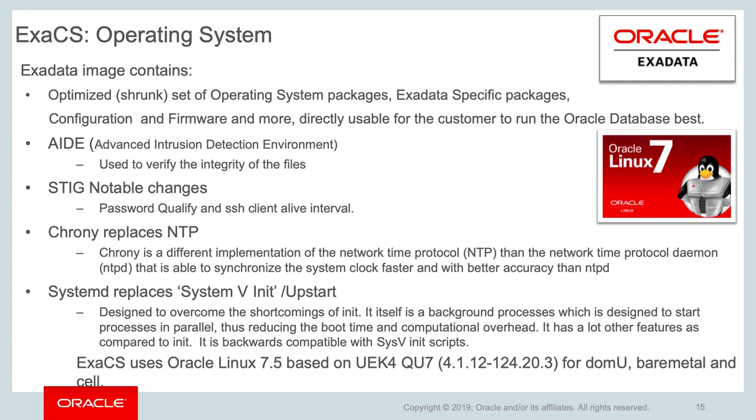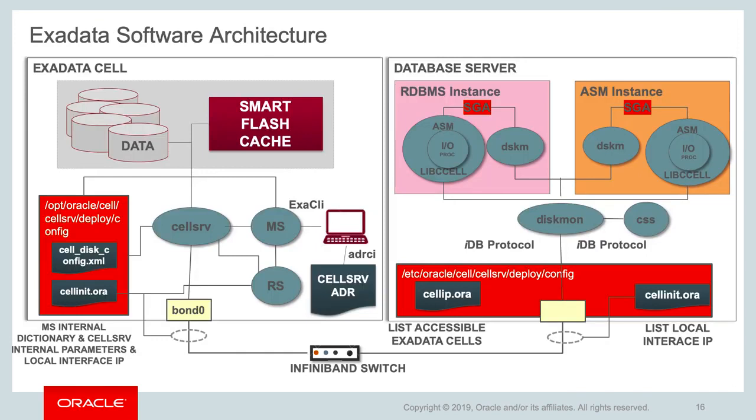Systems that use SSH equivalence will not see any impact from these changes. The other parameter is SSH ClientAliveInterval. You can set a value for it, and normally quiet SSH sessions will time out faster, and you can prevent that with this new feature. So if you want to send keepalive on your long SSH sessions that are quiet, you can use ClientAliveInterval. Now let's talk about the Exadata software architecture.